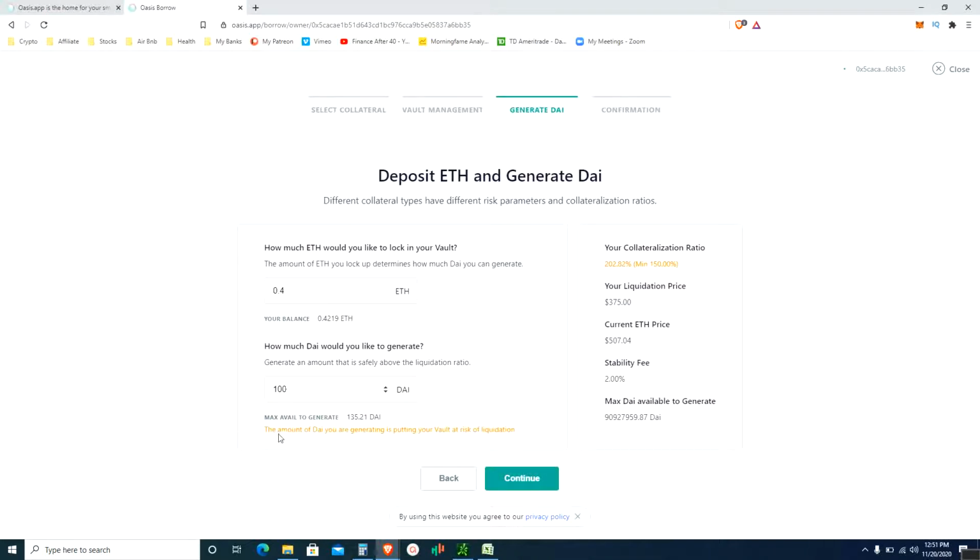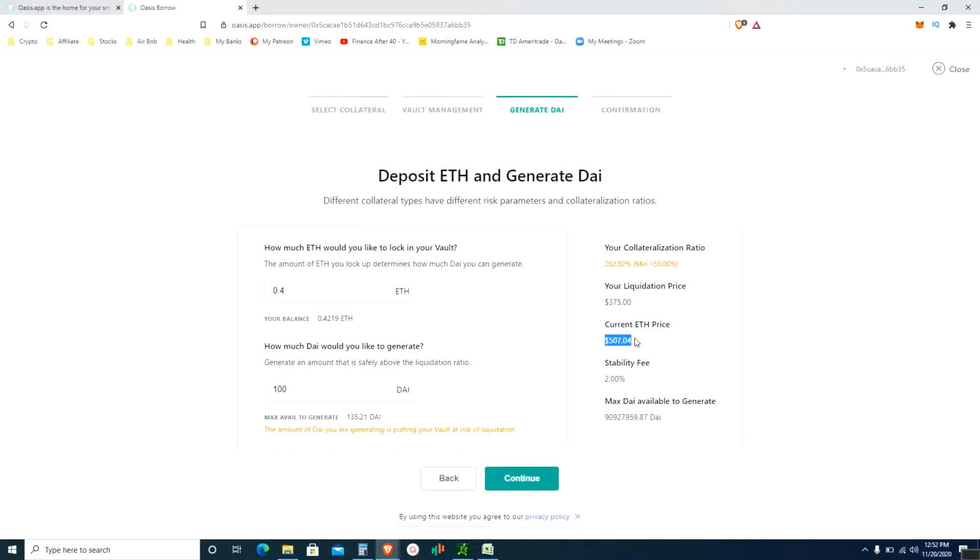That's fine. And it says the amount of DAI you are generating is putting your vault at risk of liquidation. Why is that? The ratio here is 203% and the minimum is 150. That is fine. My liquidation price, guys, look at this, 375. Ethereum's current price is 507. Let's say 500 just for the easy math.